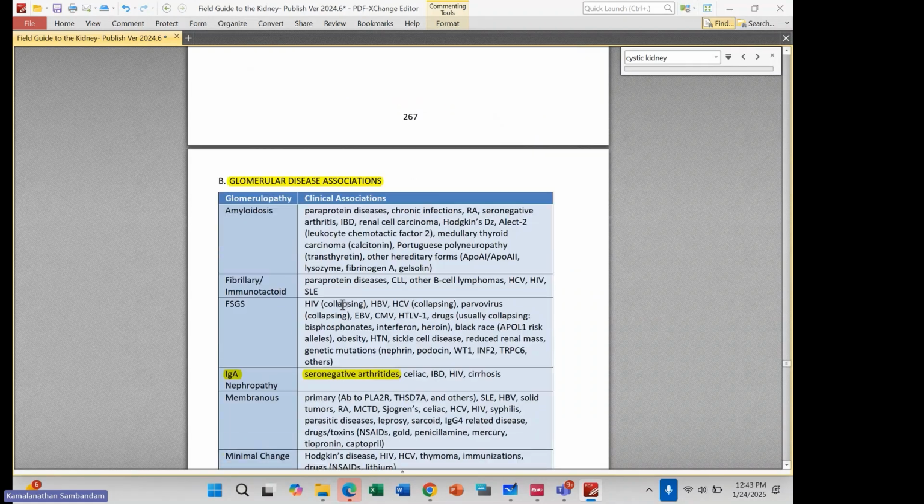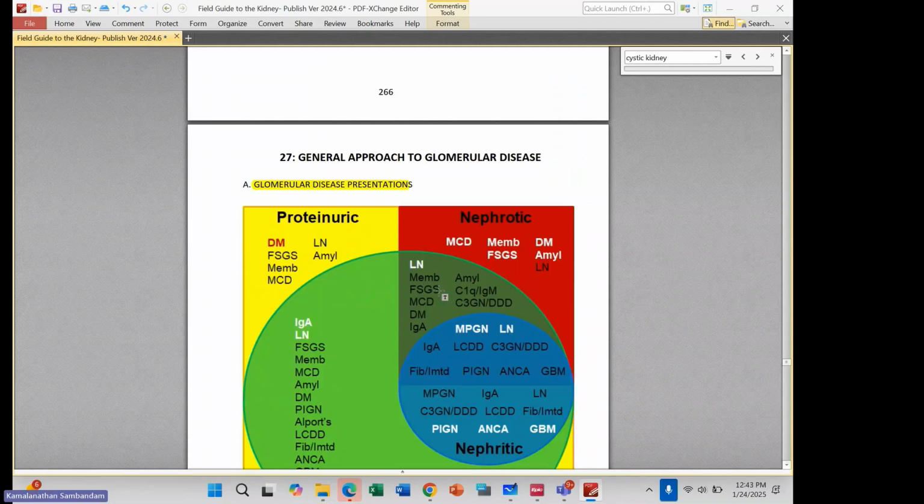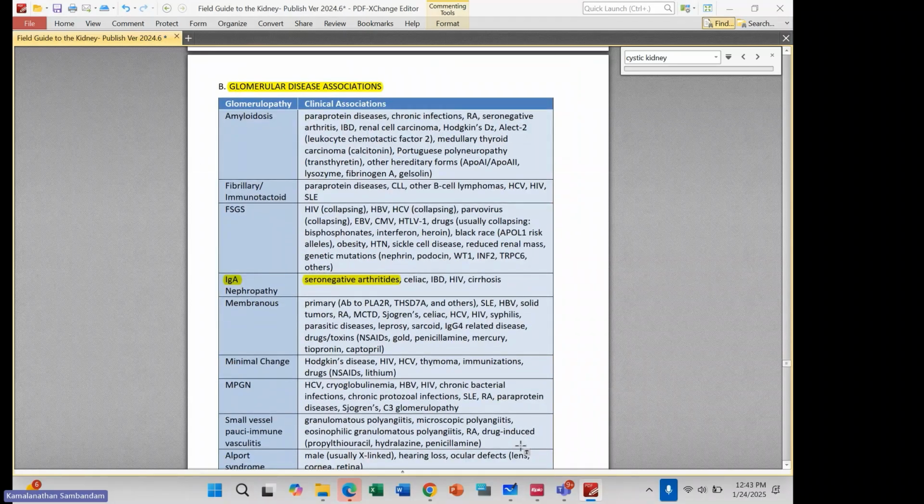Okay, so that's the logic here. Hopefully you follow. Narrow it down without using only these two restrictive terms, nephrotic and nephritic, and then start looking at the context and start narrowing it down further.